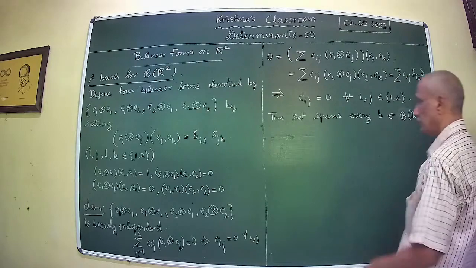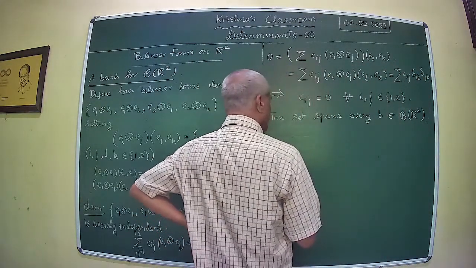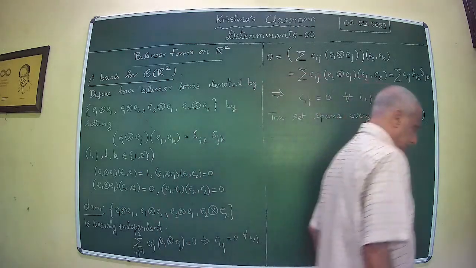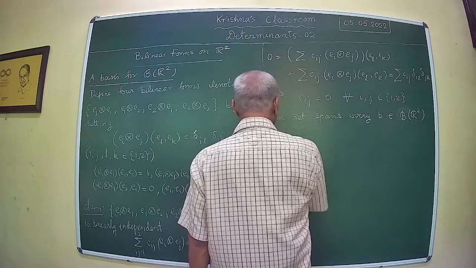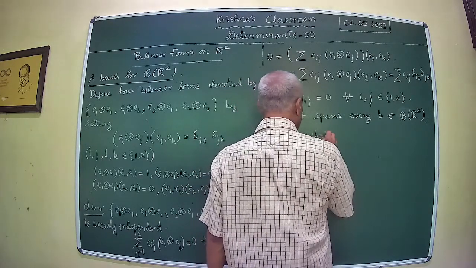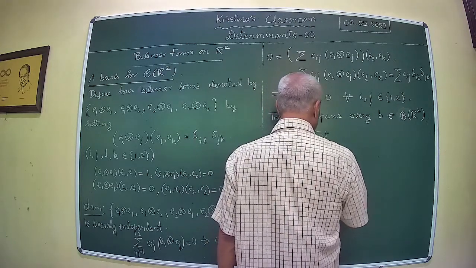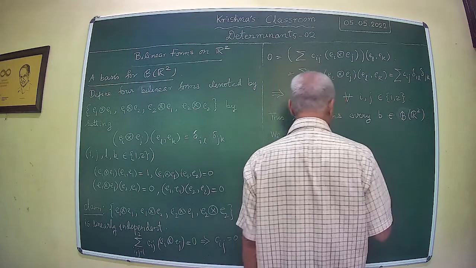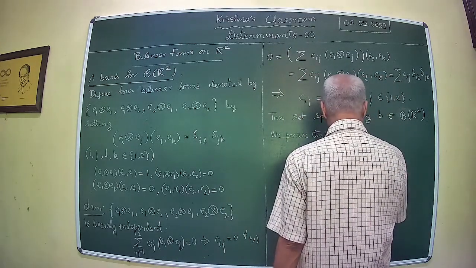How does it happen? So we prove that B is equal to sigma B_ij, that is some number, E_i cross E_j.